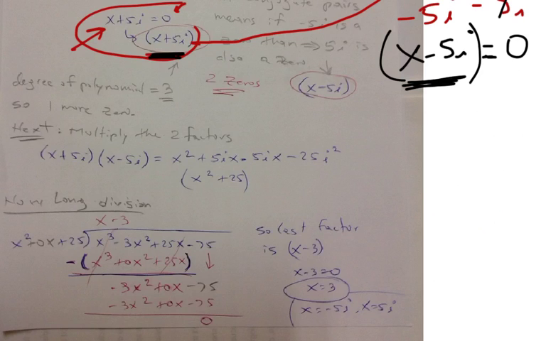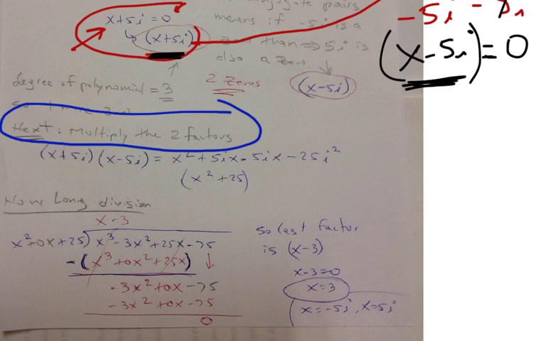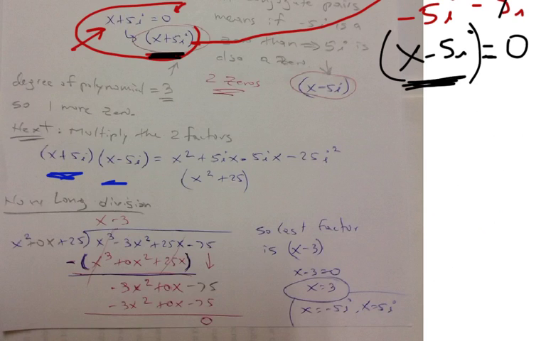Now I'm going to bring those two factors, and I'm going to multiply the two factors using FOIL. x plus 5i times x minus 5i. I'm going to multiply using FOIL. So x times x is x squared, x times negative 5i, 5ix. Now I use the second term, 5i times x.